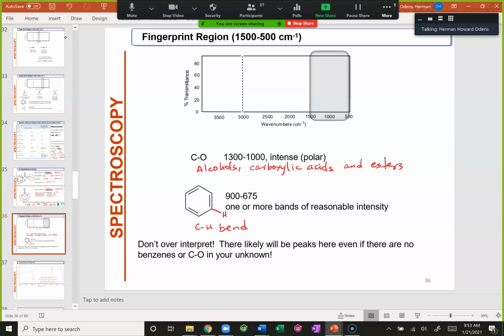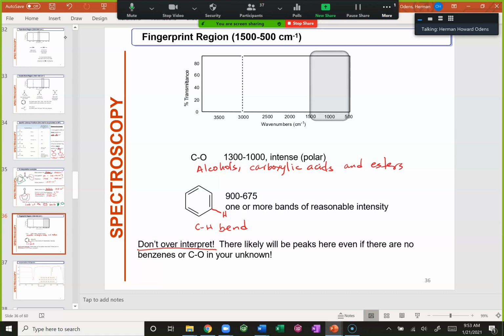One word of advice here for the fingerprint region: do not overinterpret. There likely will be peaks here, even if there are no benzenes or CO in your unknown. That's why it's called the fingerprint region.